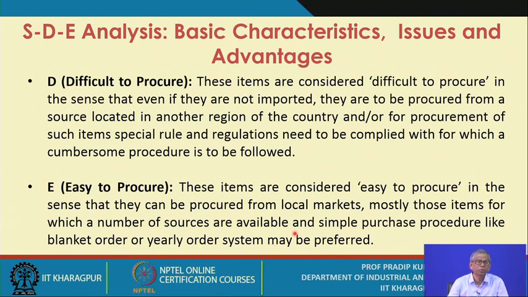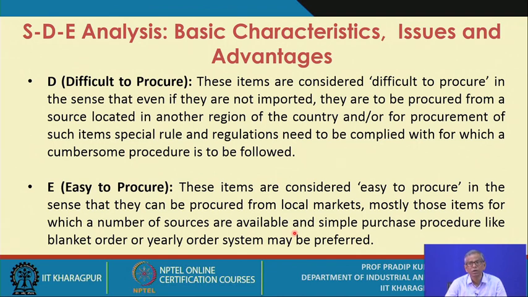That means the majority of the suppliers are dealing with easy to procure items. They are already listed in your approved list of vendors or suppliers, and once the price is negotiated for a particular item, you can go for the blanket order or yearly order systems.